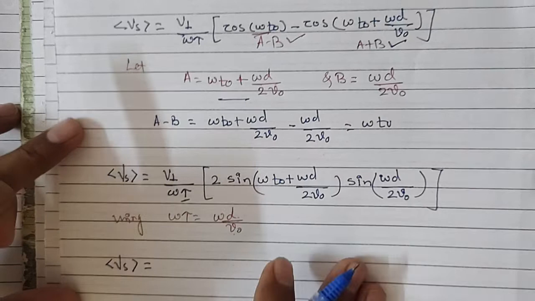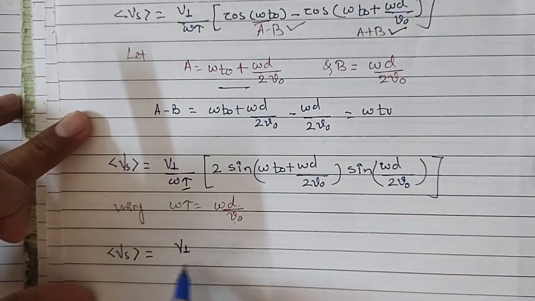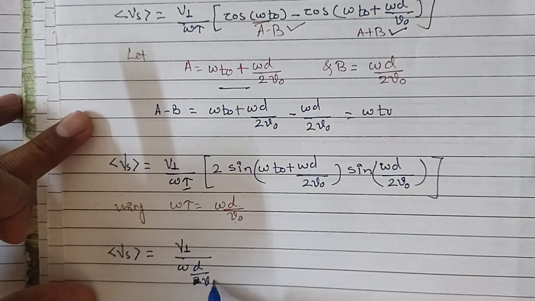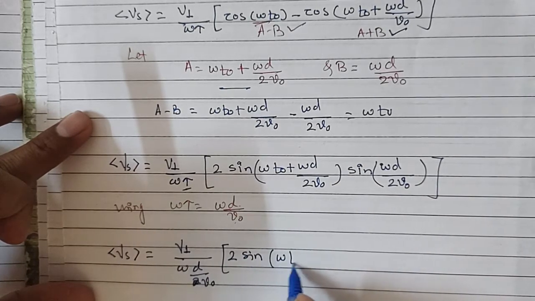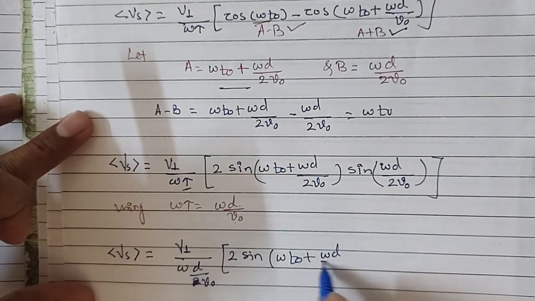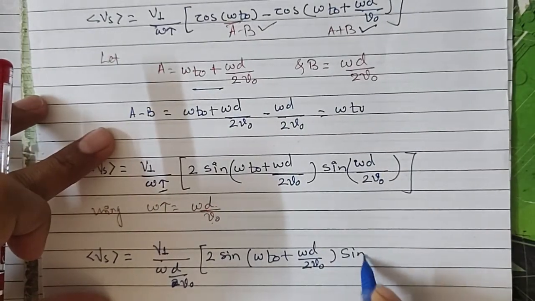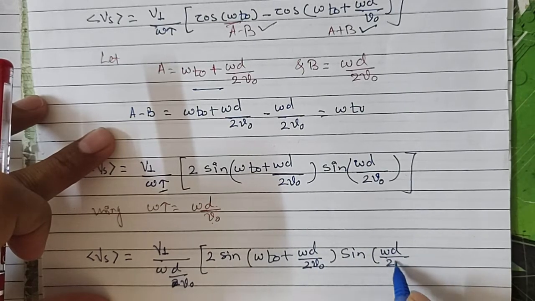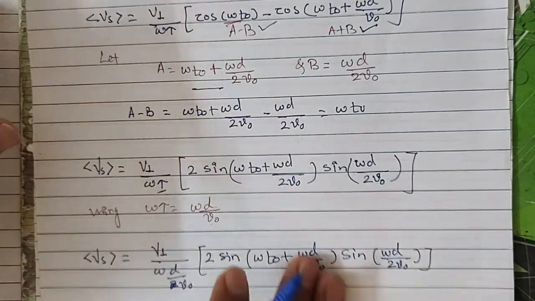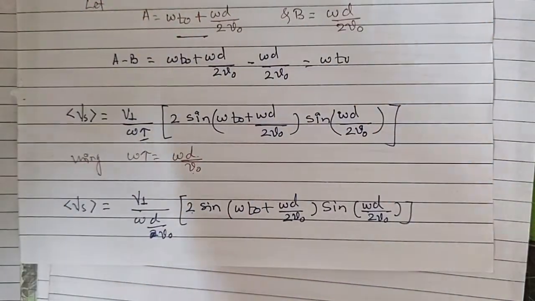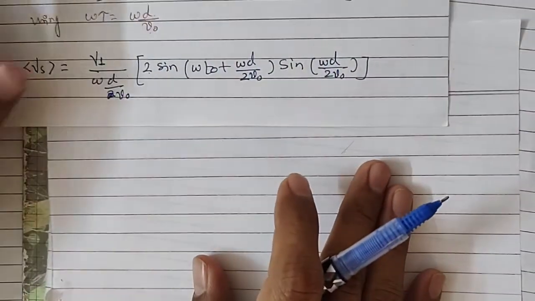Vs is equal to V1 over omega d by v0, times 2 sin of omega t0 plus omega d by 2v0, times sin of omega d by 2v0. Now we'll just take this 2 to the denominator and rearrange the equation.